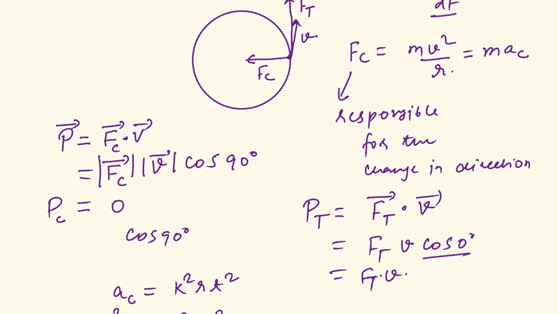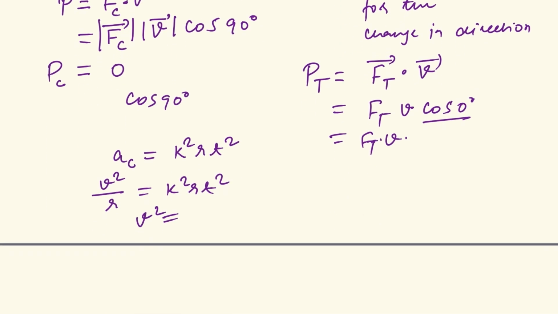So we can write v square equal to k square r square t square, and that gives v equal to krt.